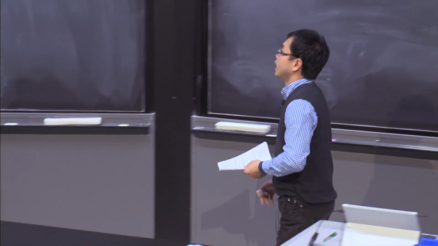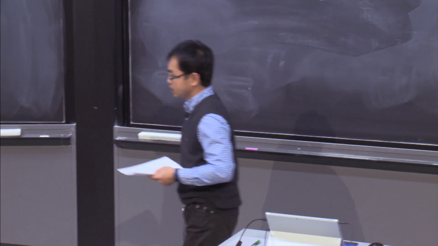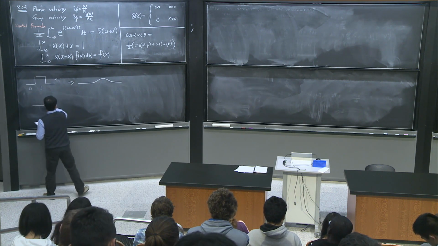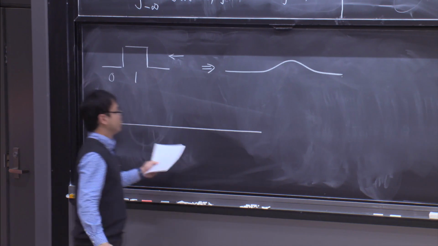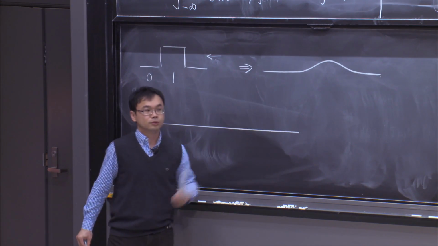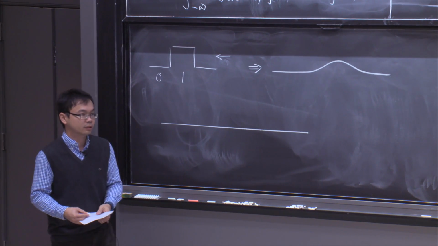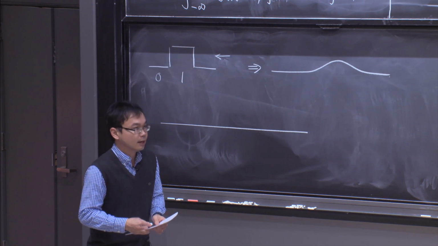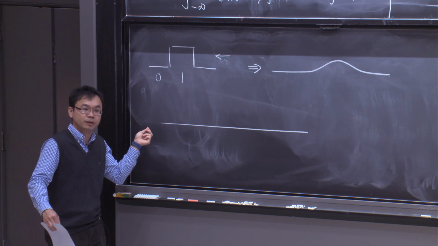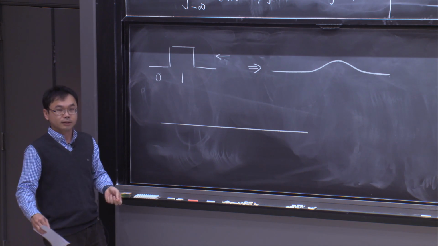So let's start with an infinitely long string. This string is very long, it begins from here and goes to some place really far away. As usual, I can hold one end of the string and shake it a bit.